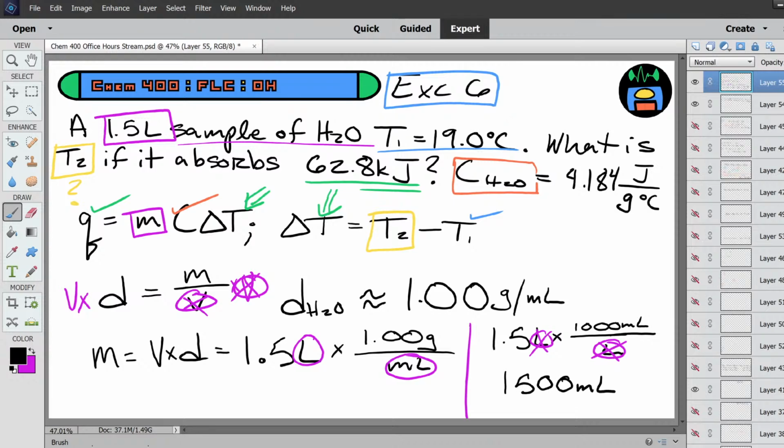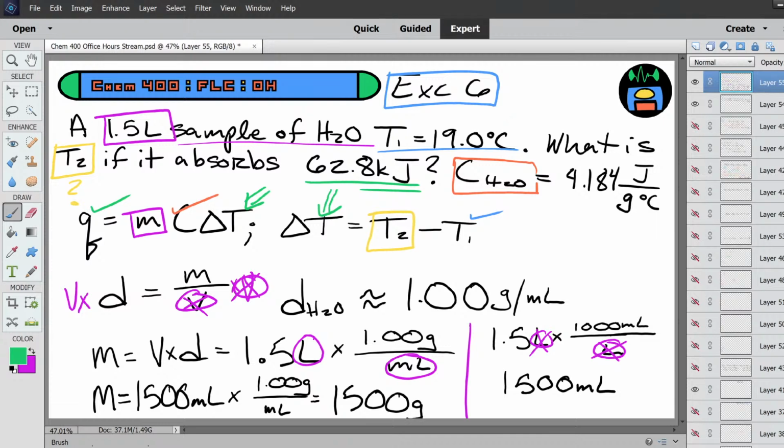Now we can find the mass of water. So that'll be 1,500 grams.